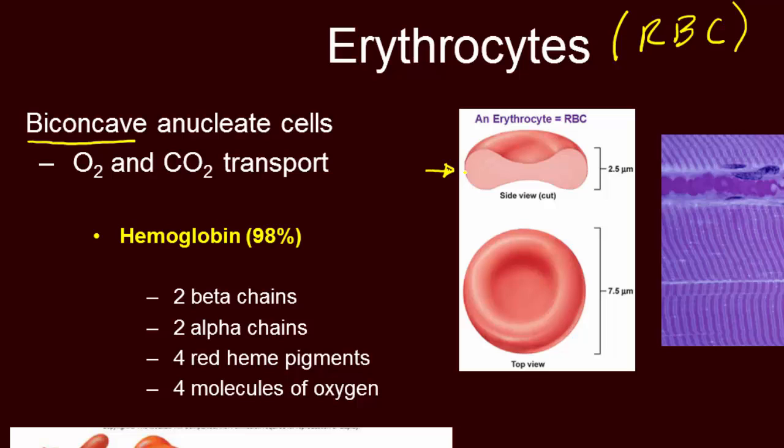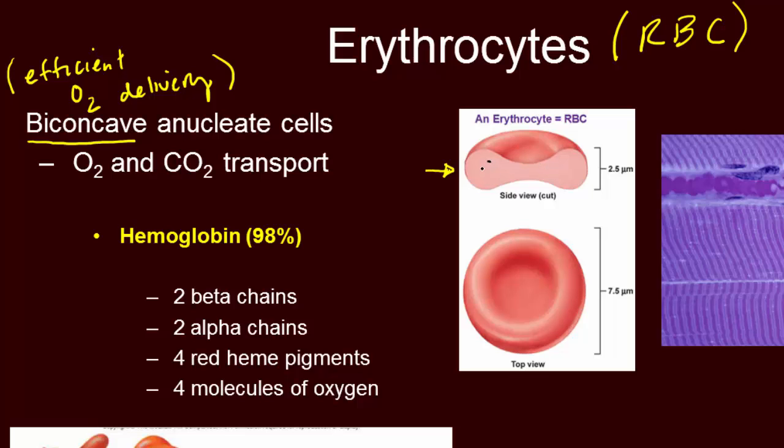and the biconcave structure is really important because it allows for very efficient oxygen delivery to tissues. The reason why that delivery is so efficient is because the cell membrane is very close to the cytoplasmic contents.